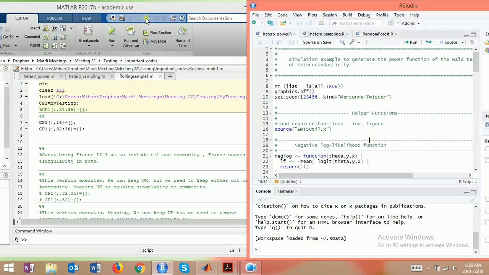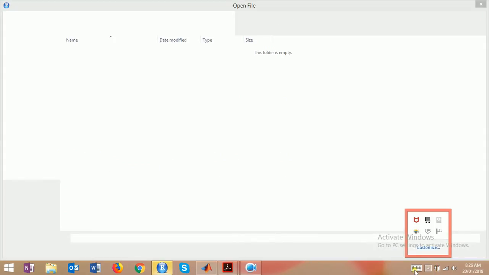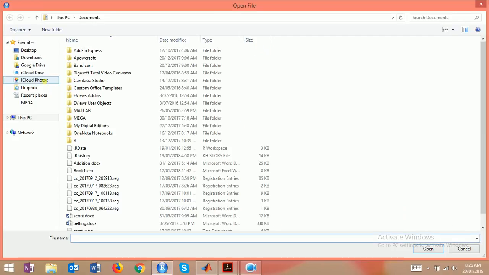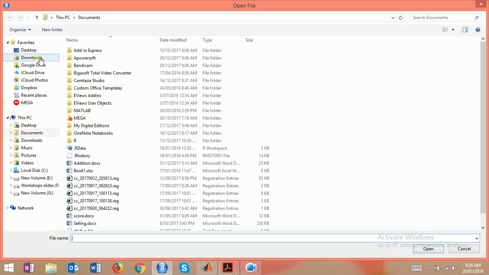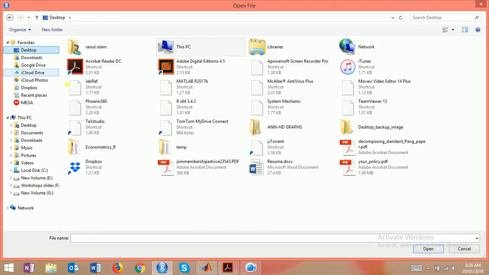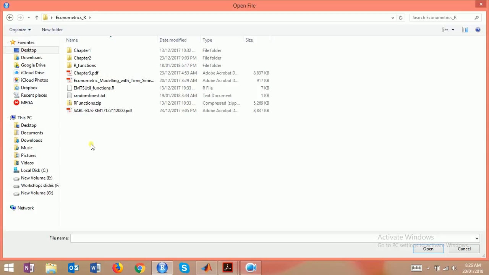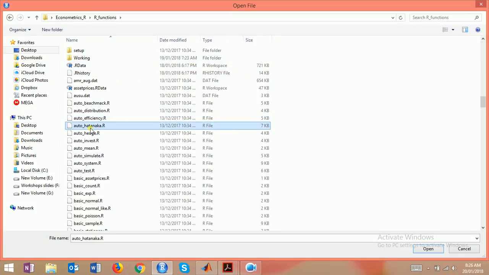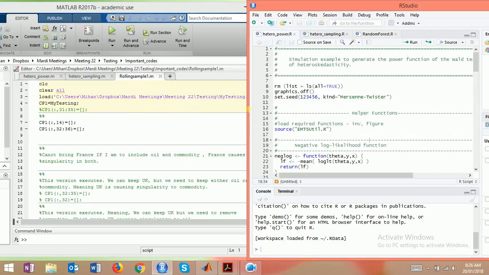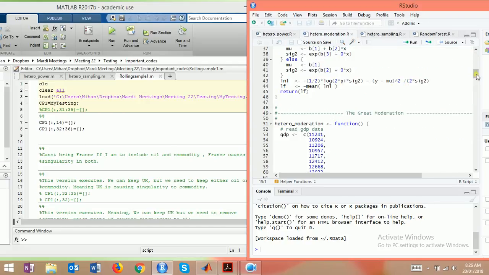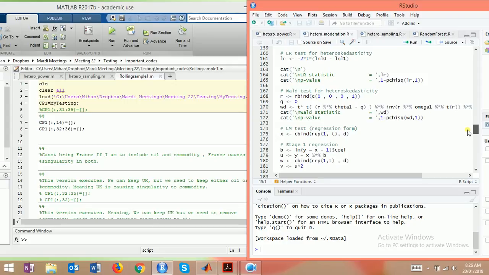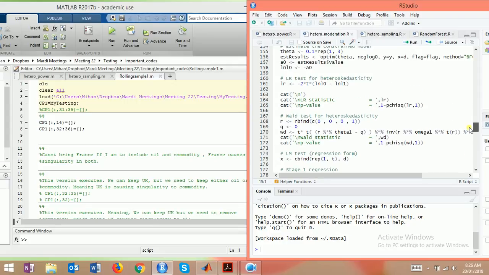One more thing to see. Great moderation. Let me just have a look into one more thing. How are they handling the Wald test when it's less than 0?